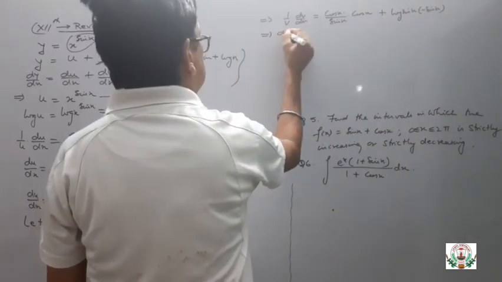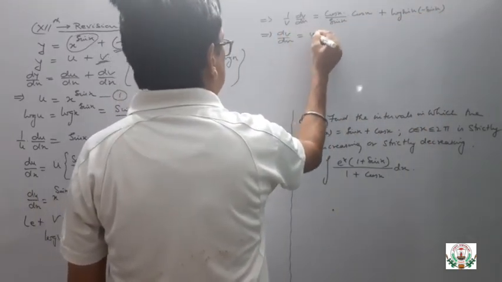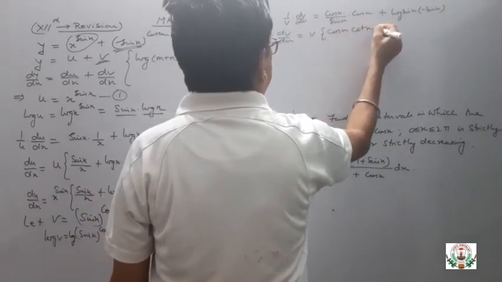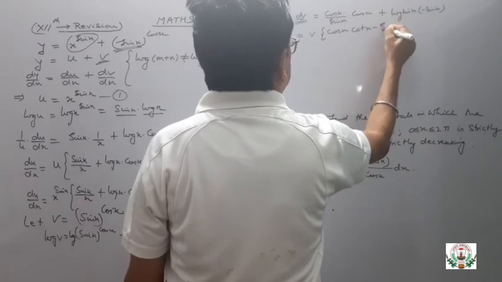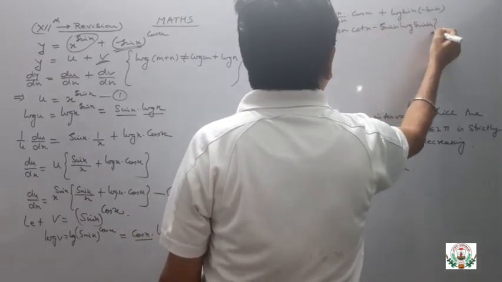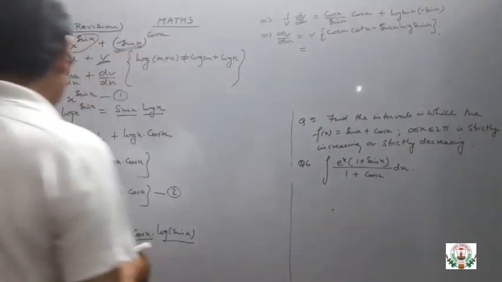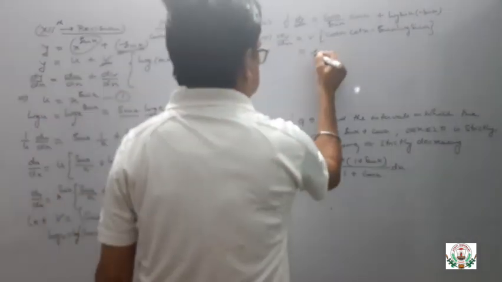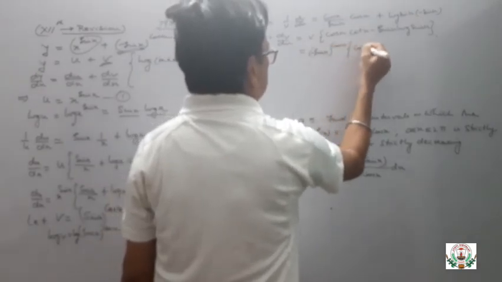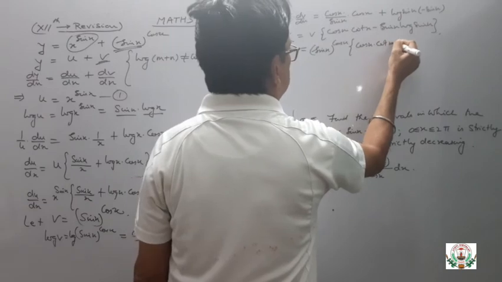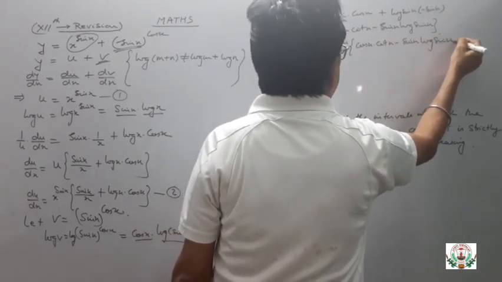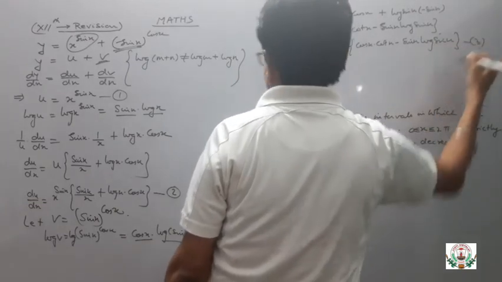So dv by dx will become v into cos x cos x by sin x, which is cot x, minus sin x into log sin x. So v is sin x to the power cos x, times cos x cot x minus sin x log sin x, and this is our equation number 3.